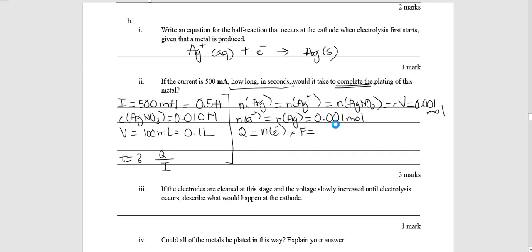So we have 0.001 times 96,500, which is 96.5 coulombs, and then you can find the time in seconds. So t is Q over I, which is divided by 0.5, don't forget to convert. So I get 193, yep, 3 sig fig, 193 seconds.